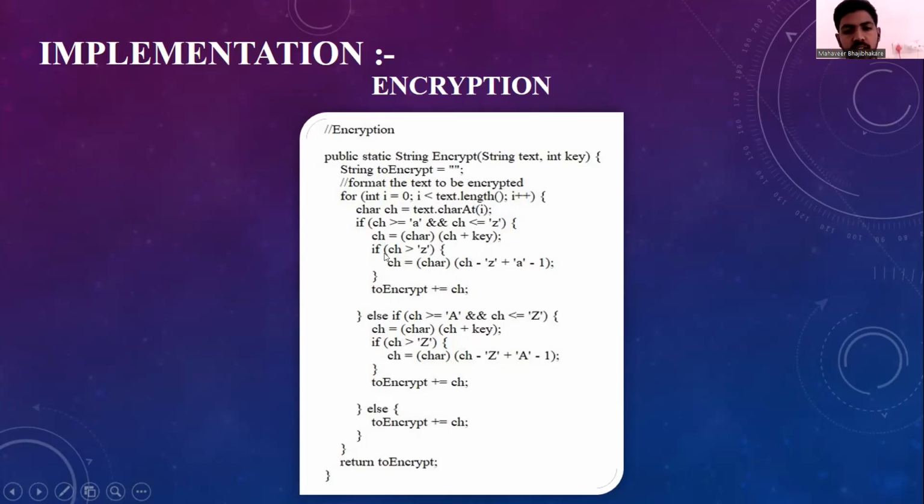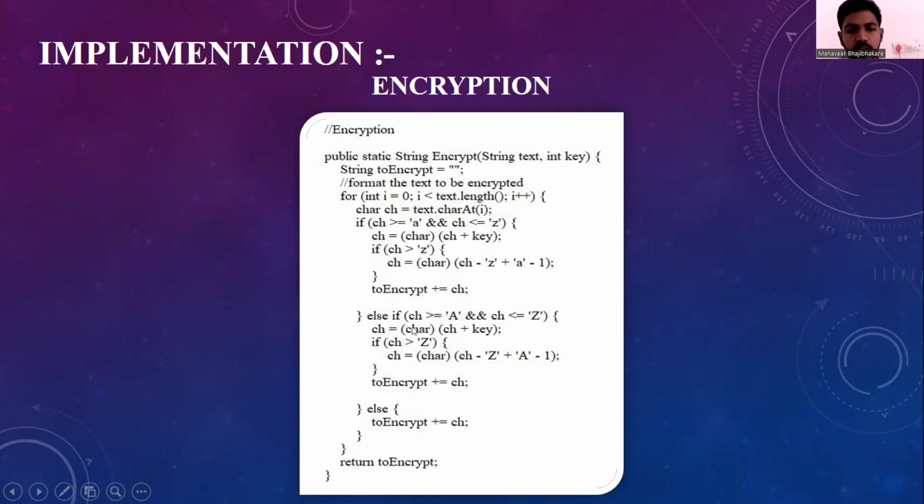And if ch is greater than z, then the character value becomes ch minus z plus a minus 1. This updated character is attached to the to-encrypt string, which we want to convert into the ciphertext.